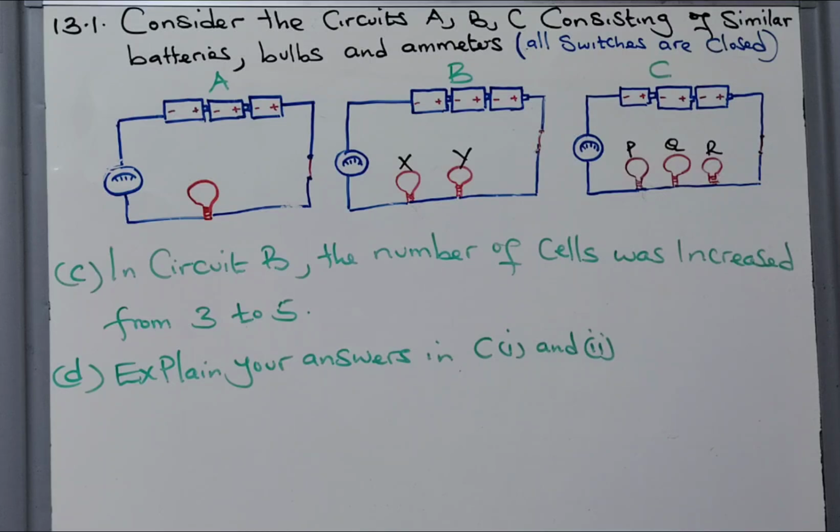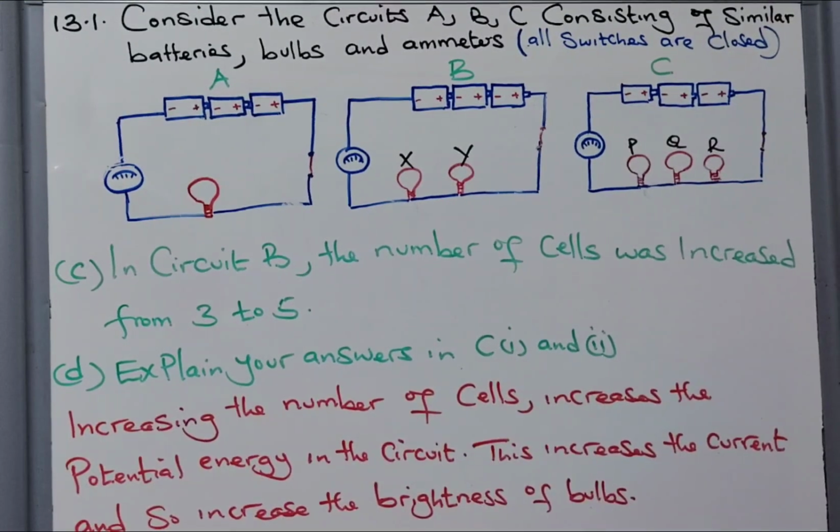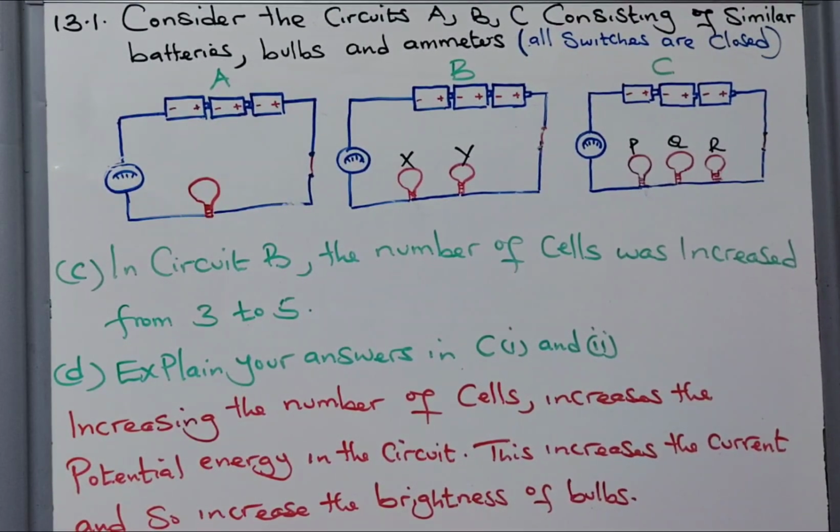This increases the current and so increases the brightness of the bulbs. We have to take note that the brightness of the bulb is indicative of the current flowing. The higher the current, the brighter will the bulbs be.